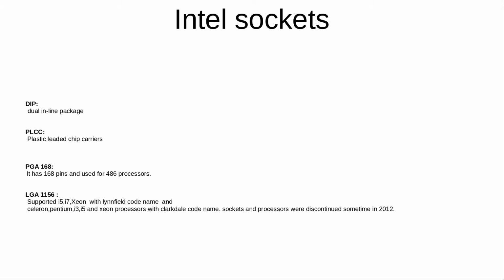LGA 1156 supported i5, i7, Xeon with Lynnfield code name, and Celeron, Pentium, i3, i5 and Xeon processors with Clarkdale code name. Sockets and processors were discontinued sometime in 2012.